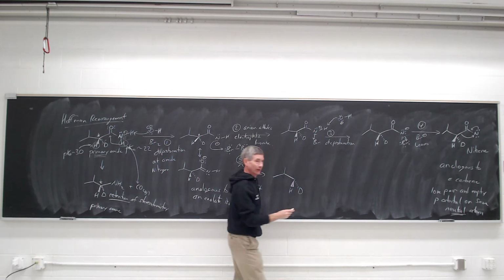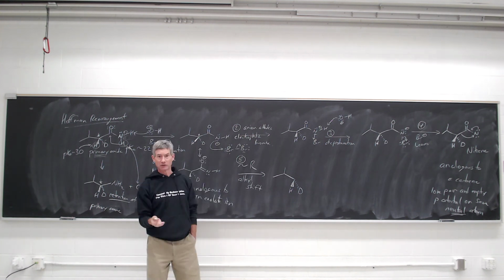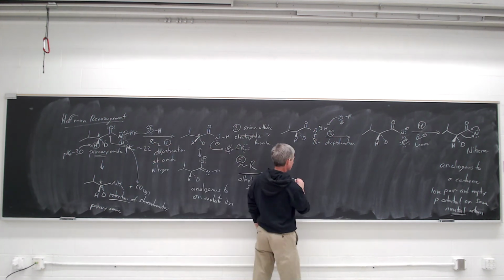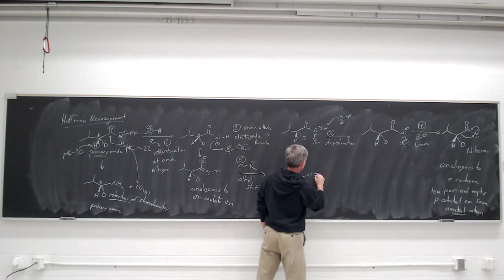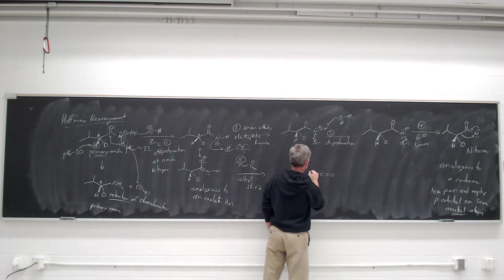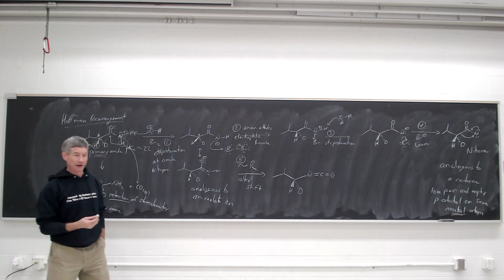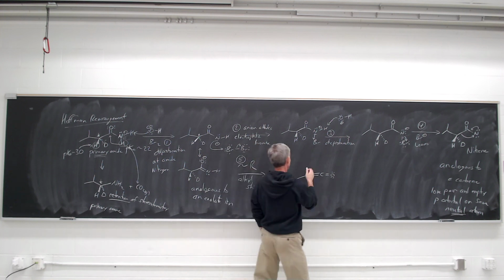And like the alkyl shift in the oxidation step of hydroboration, it goes with retention of configuration and generates a functional group with a carbon-nitrogen and a carbon-oxygen double bond, which is an isocyanate.